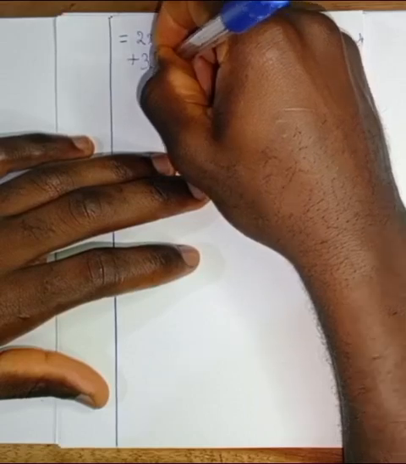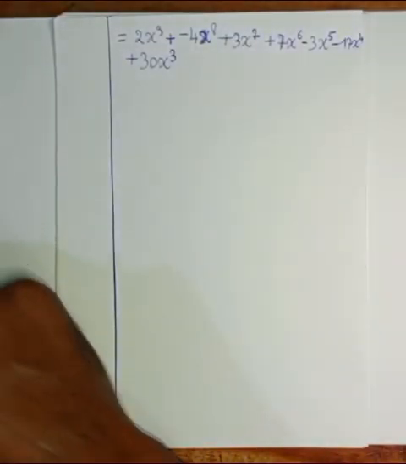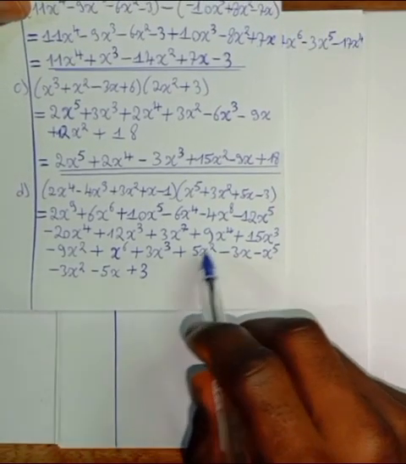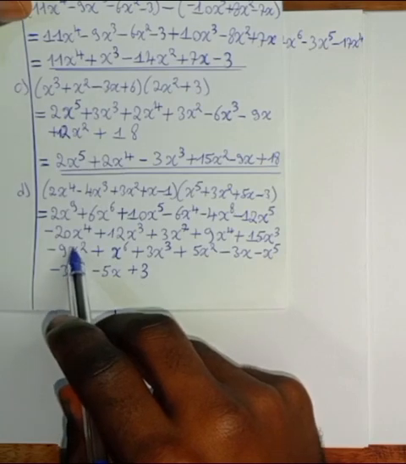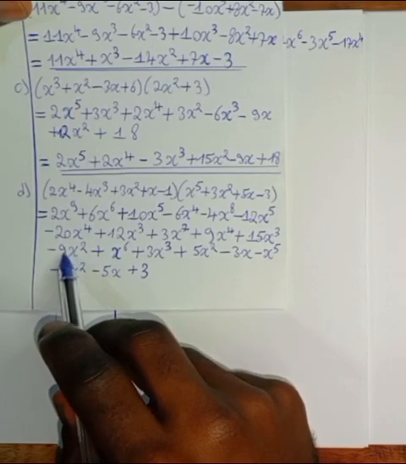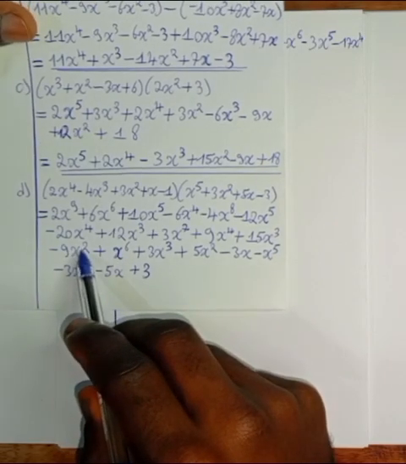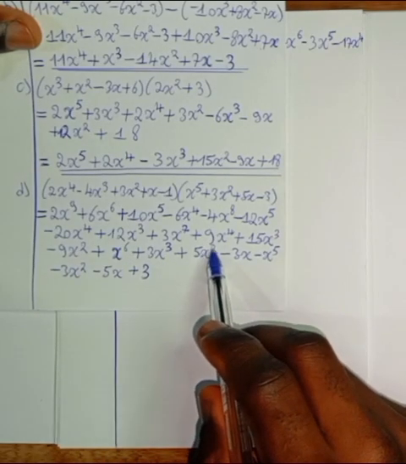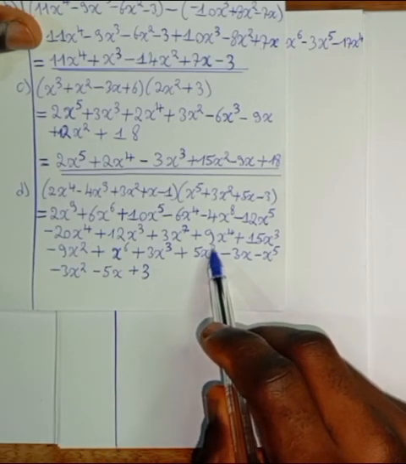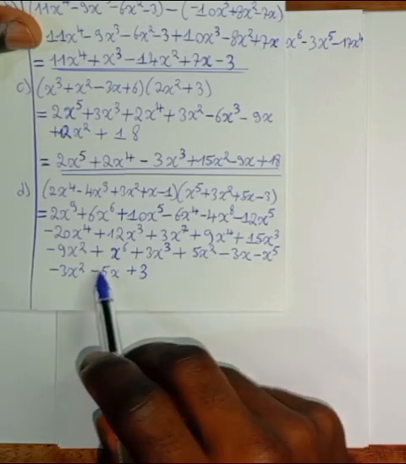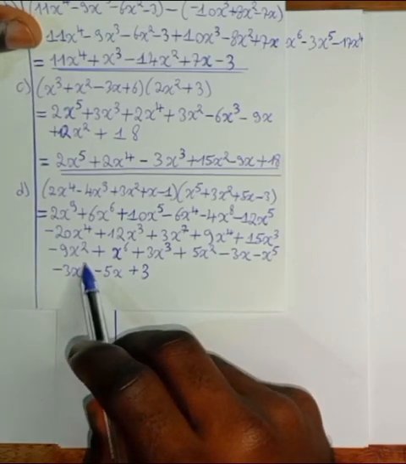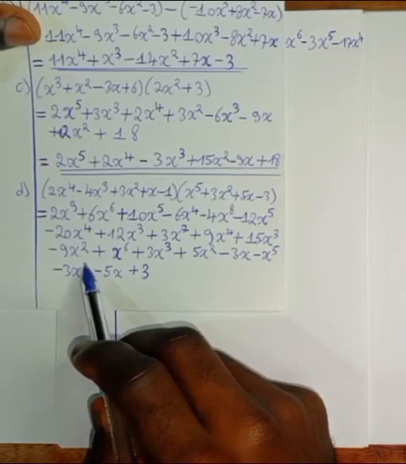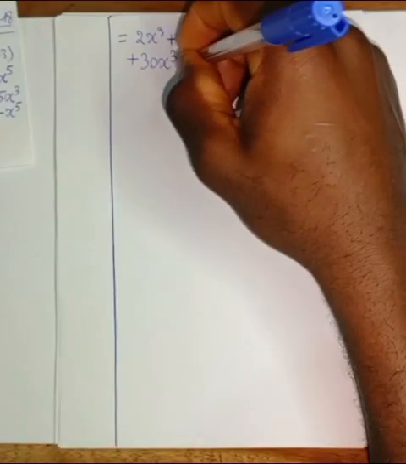Next, now we move to terms in x squared. We have negative 9x squared plus 5x squared. It gives us negative 4x squared. Negative 4x squared minus 3x squared gives us negative 7x squared.